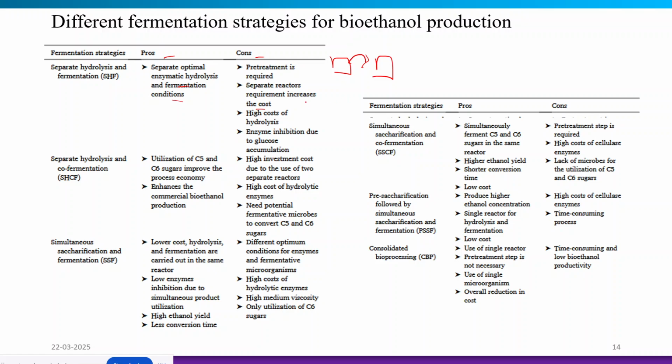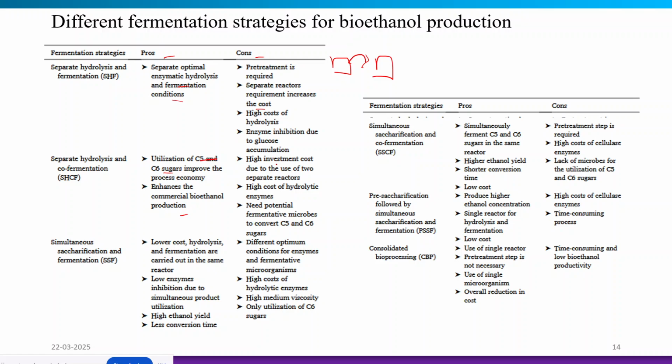Two separate reactors increase the overall cost, and there is a higher cost for the hydrolysis, and sometimes enzyme inhibition due to glucose accumulation also occurs in this process. When we go for the co-fermentation process with separate hydrolysis, it utilizes both C5 and C6 sugars to improve the process economy, which overall enhances commercial bioethanol production.